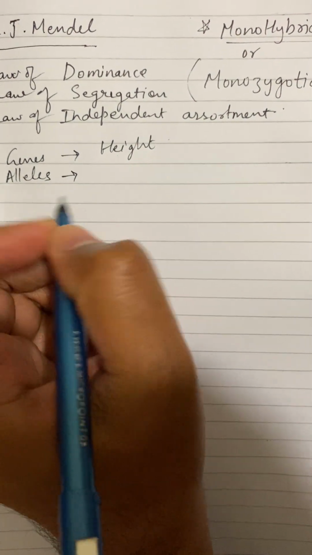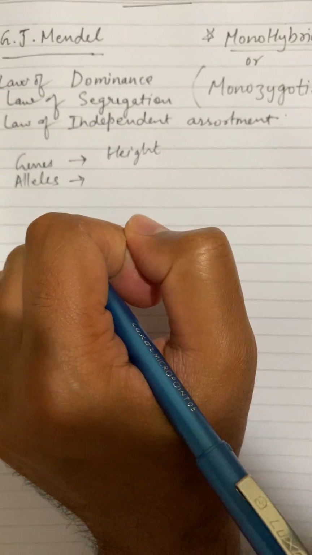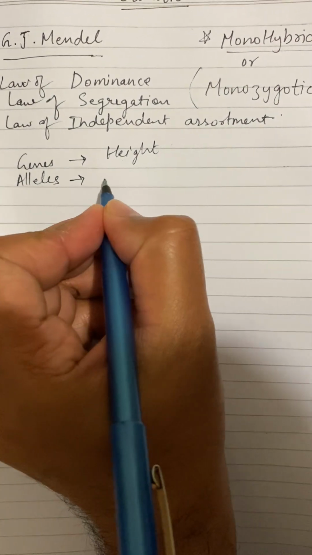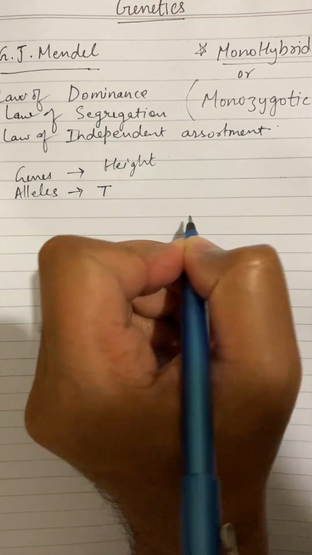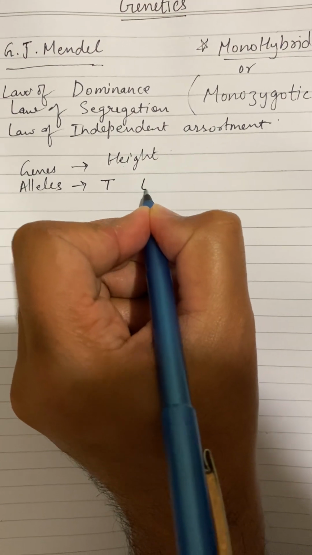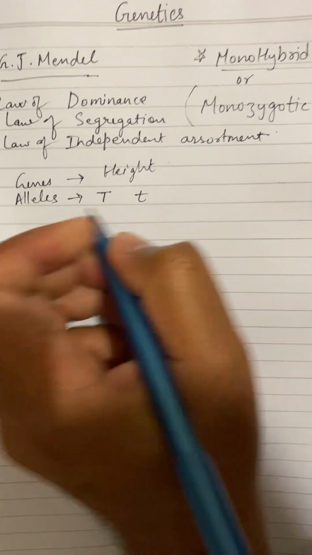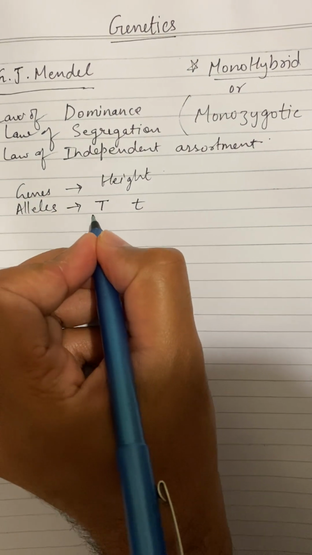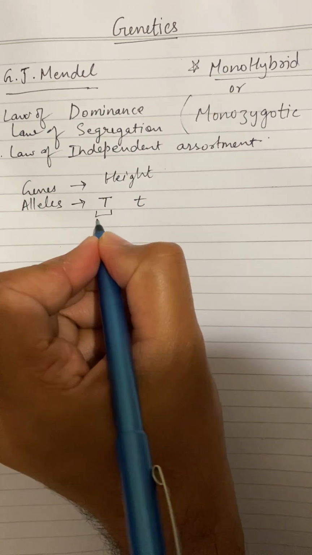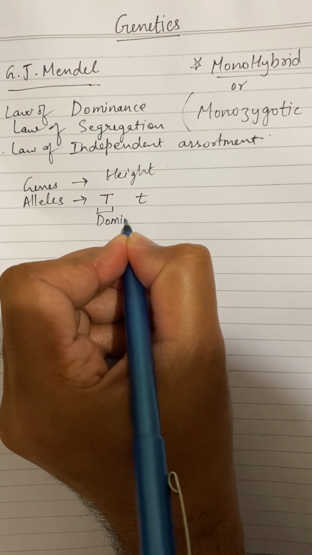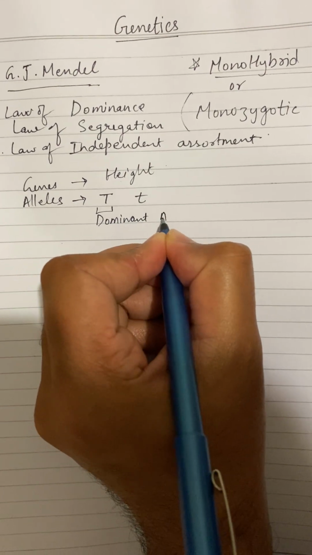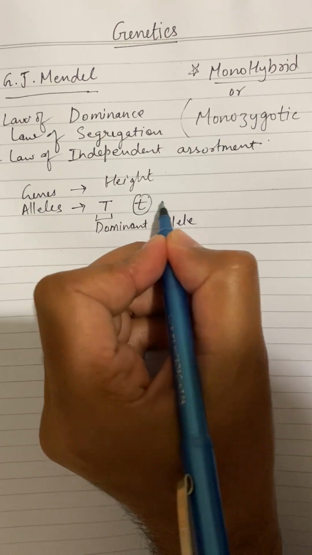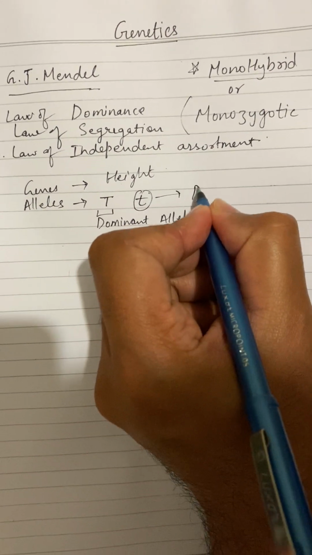And alleles are alternating parts of the genes. Suppose we have allele capital T and also allele small t. The capital T is called the dominant allele, whereas the small t is called the recessive allele.